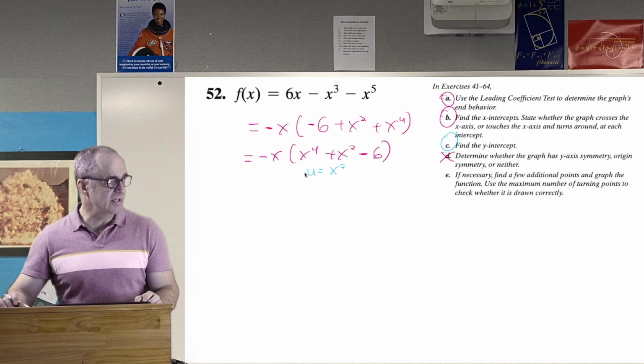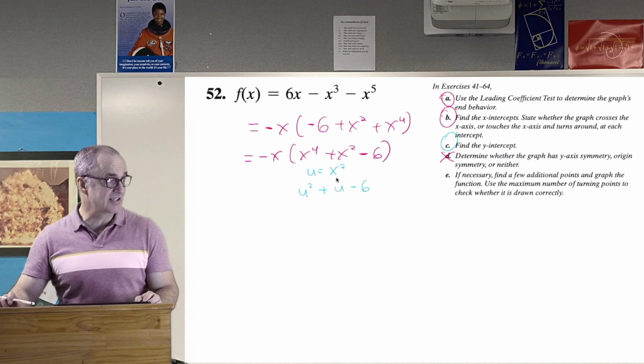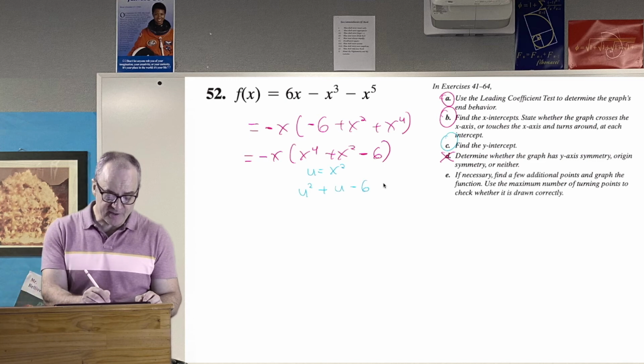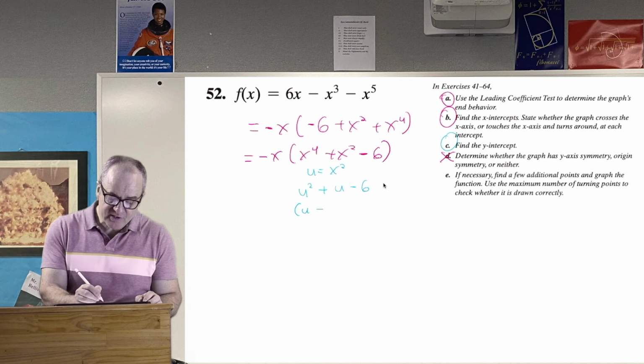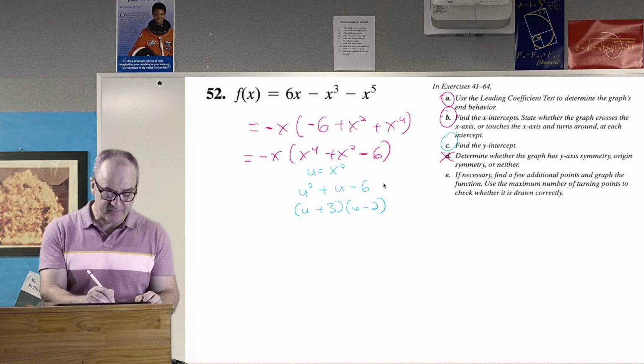But if U is the same thing as x squared, then x to the 4th becomes U squared. And x squared becomes just U. The minus 6 stays as it is. And all of a sudden, this should start to look a little bit more familiar. And it should look something like (U plus 3)(U minus 2).